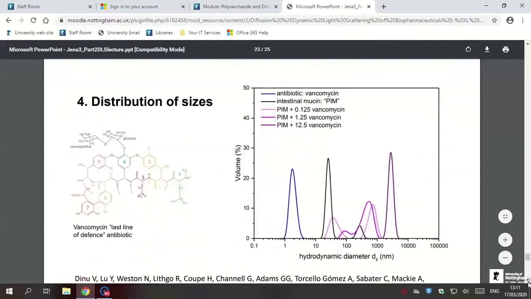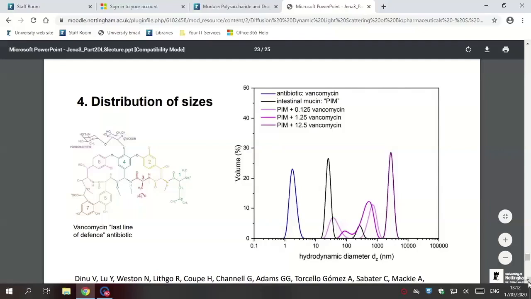Right. Perhaps one of the most important applications of DLS is in terms of evaluation of the distribution of sizes. And this is a particularly good example of that and relates to the CD lecture of Dr. Phillips Jones, which follows this lecture.